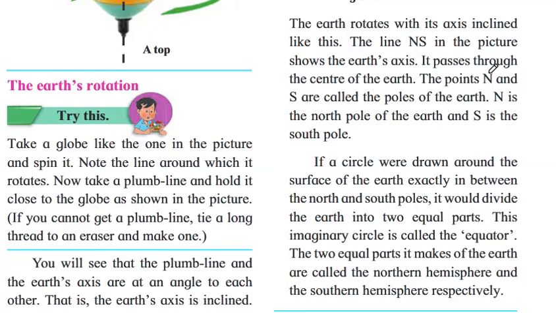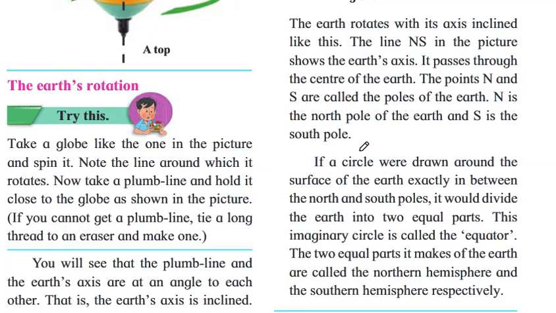The points N and S are called the poles of the Earth. N is the North Pole of the Earth and S is the South Pole.